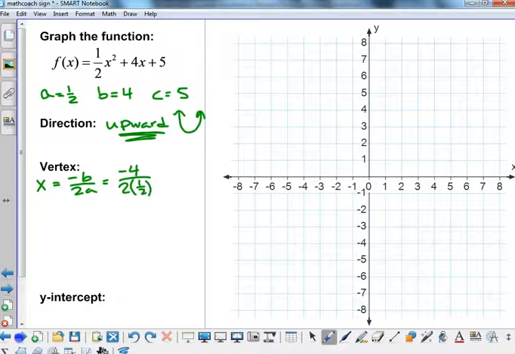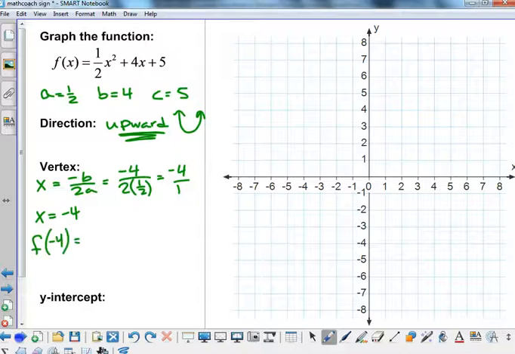Well, 2 times 1/2 is pretty simple. 2 times 1/2 comes out to be 1, so that's -4 over 1, which tells us x is equal to -4.